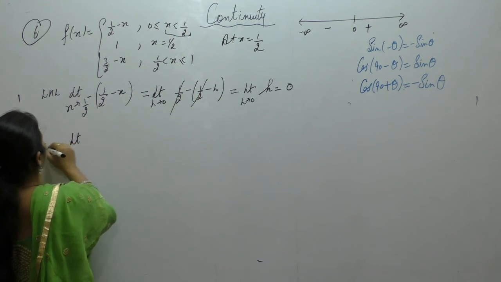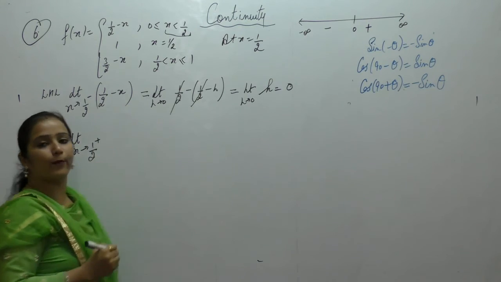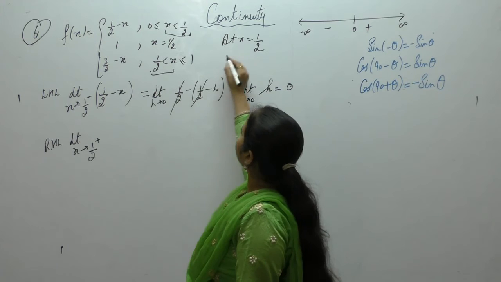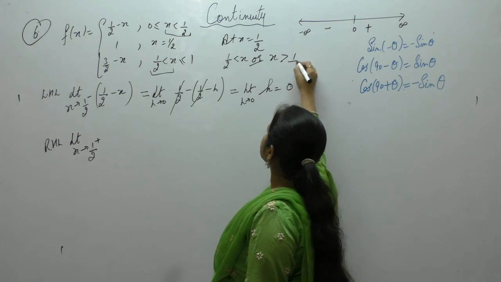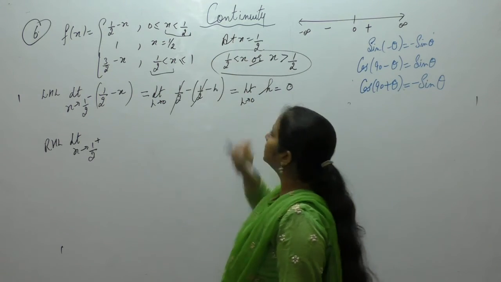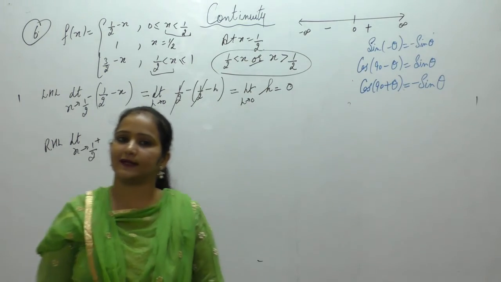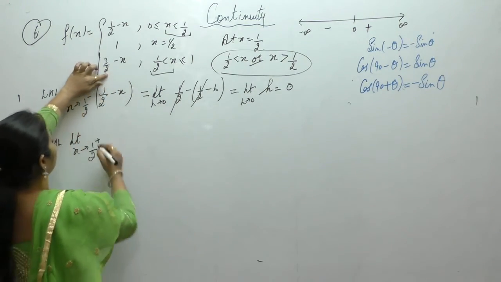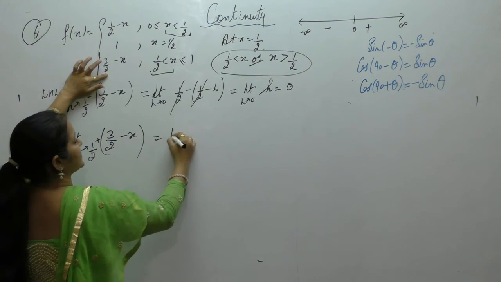Now the right hand limit, x tends to 1 by 2 positive. When x is greater than 1 by 2, we write the function value as 3 by 2 minus x.